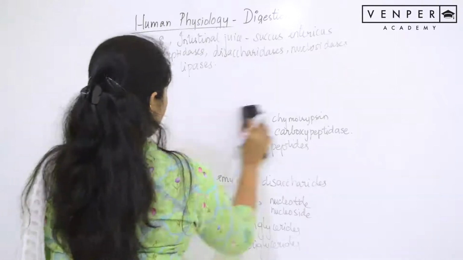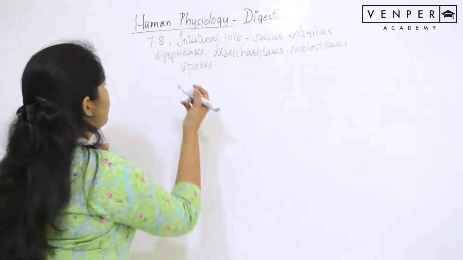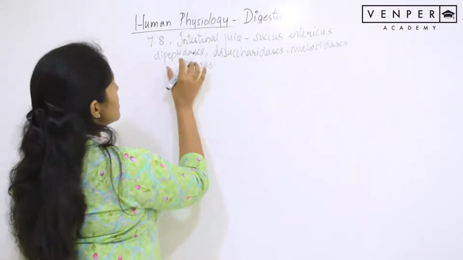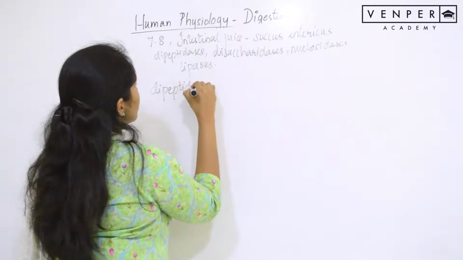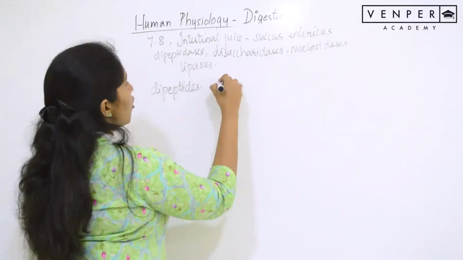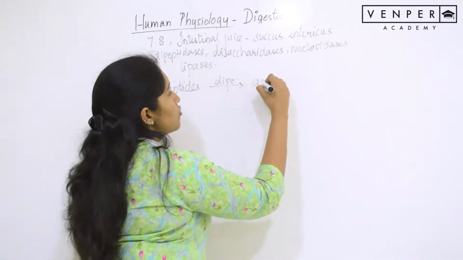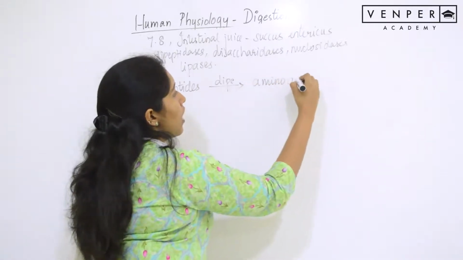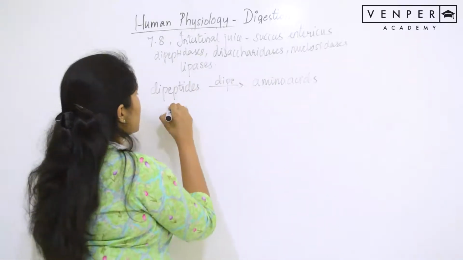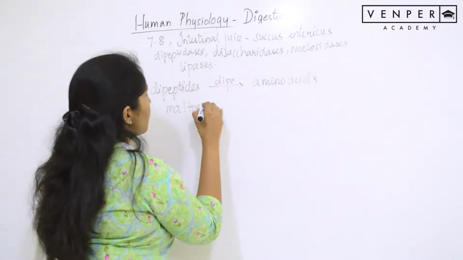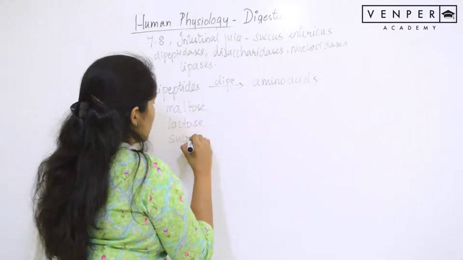So the first is your dipeptides, which will be acted upon by your dipeptidases, and that will give rise to your amino acids. And then disaccharides, you have maltose, you have lactose, and you have sucrose.